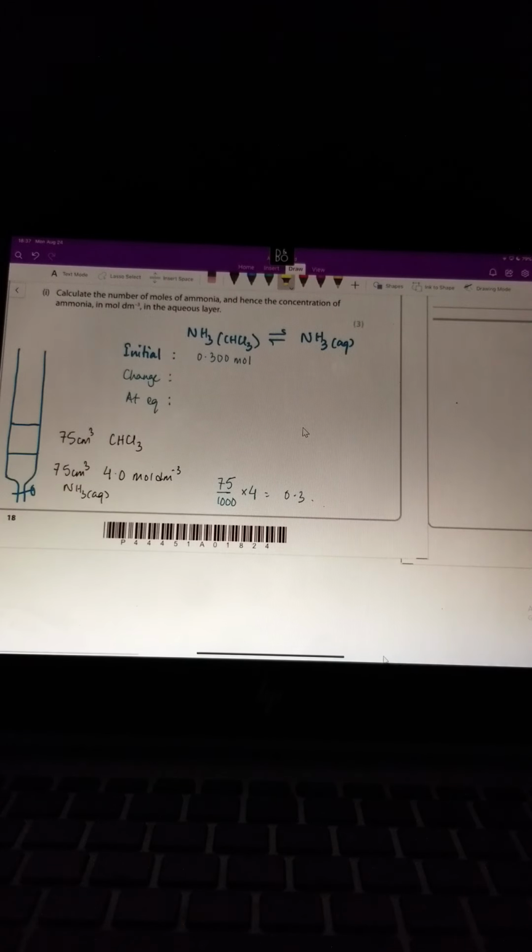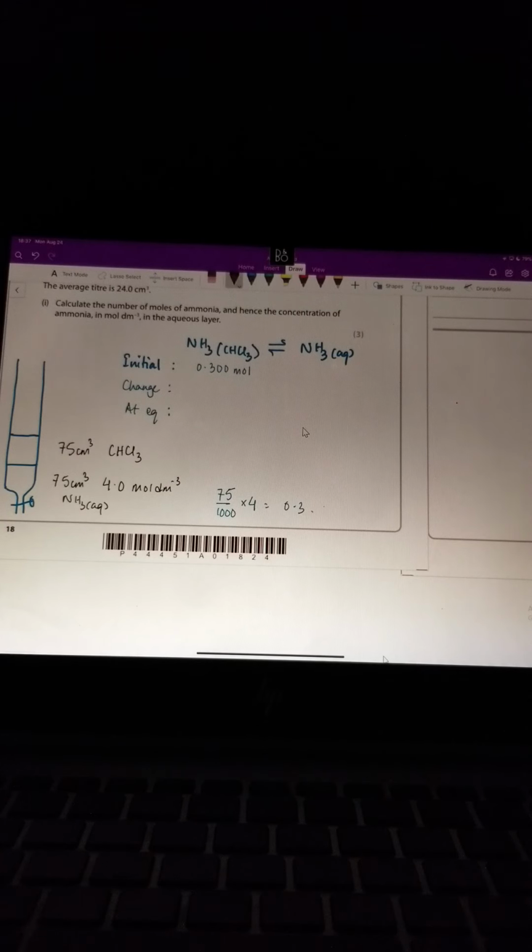They are asking, after I reach equilibrium, how much ammonia is there? So if I can find the number of H plus in the titration, someone help me out. Titre volume 24. 24 divided by 1000 into 4 mole per dm cube.